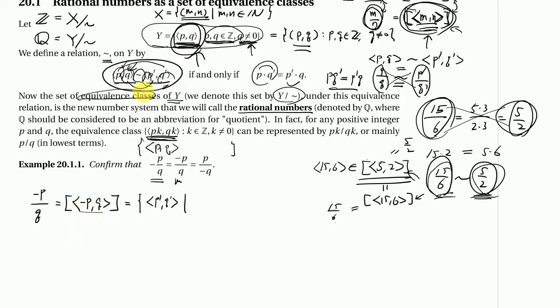But the meaning is this way, so it must be negative p times q prime equals q times p prime, right?